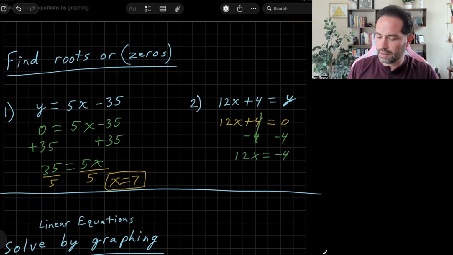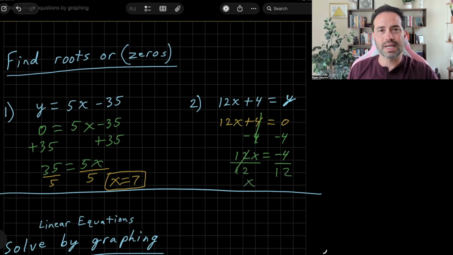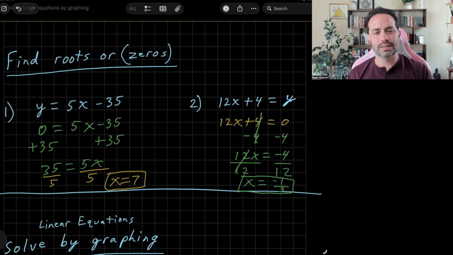And then we again do the opposite, 12 times x, so we divide by 12, that would be the opposite. And we have x equals negative 4 over 12, but if we reduce that, then that is negative 1 over 3. Okay, so those are some quick algebraic examples.